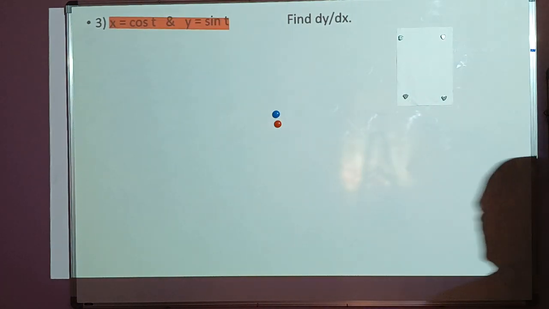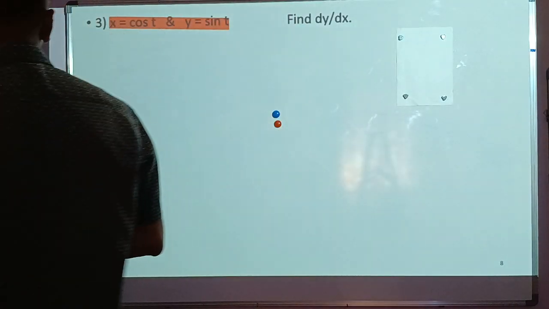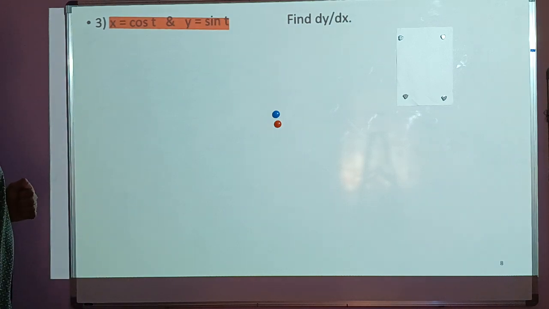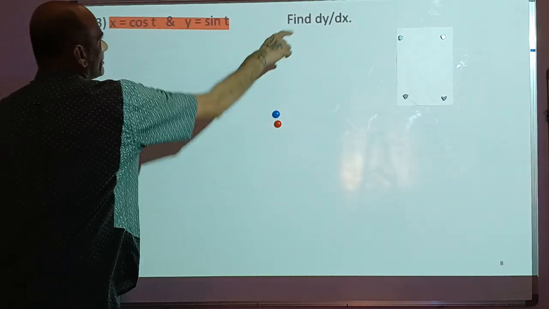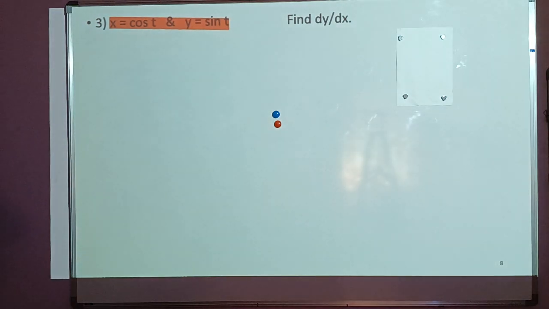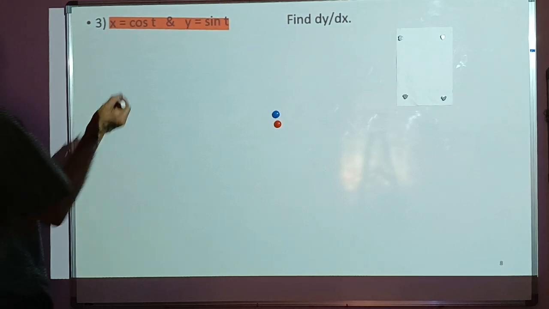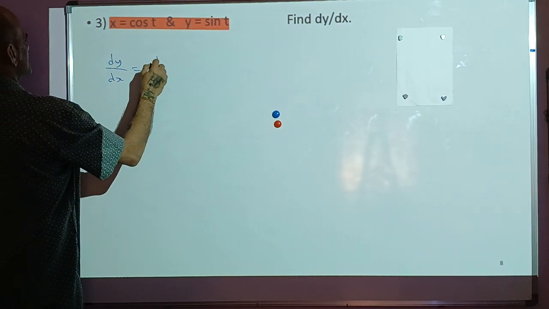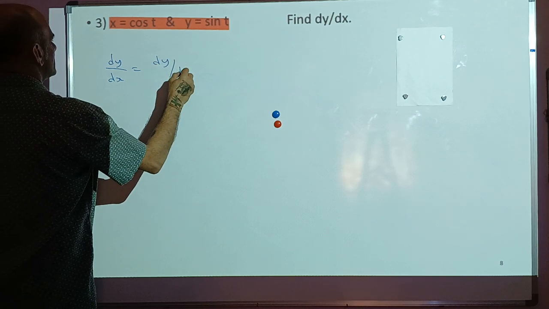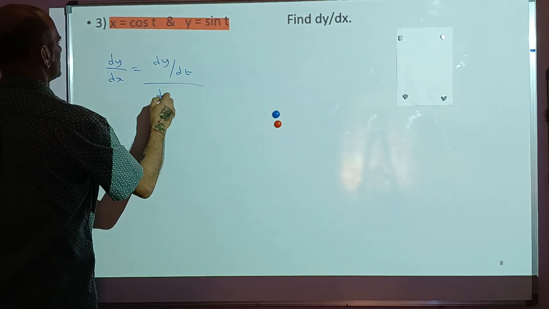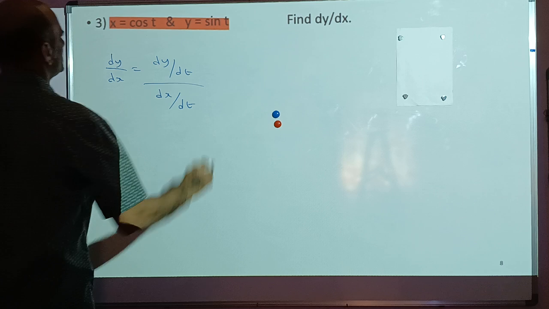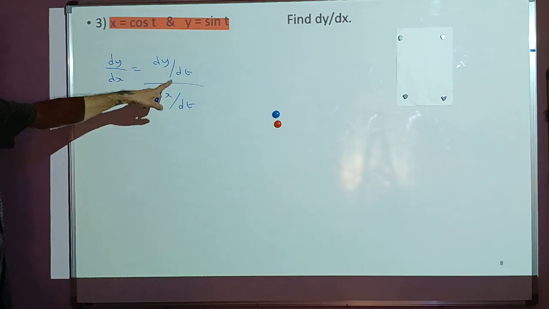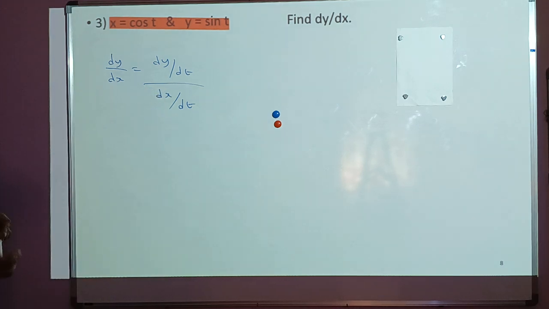Third example, x is a function of time t and y is also a function of t, but you have to find dy by dx. So here dy by dx can be written as dy by dt over dx by dt, because dt will cancel. dy by dt and dx by dt are known.